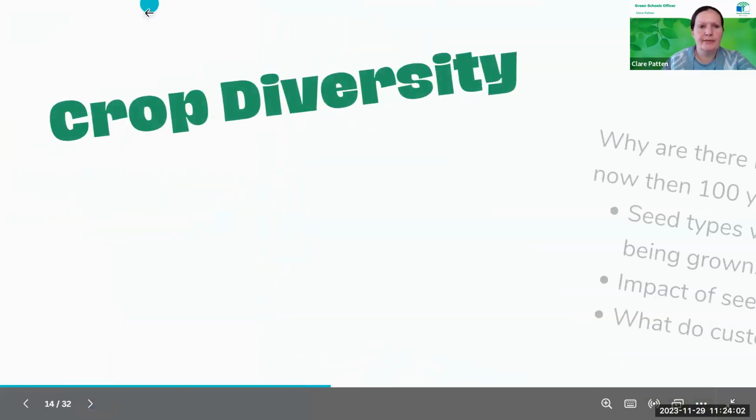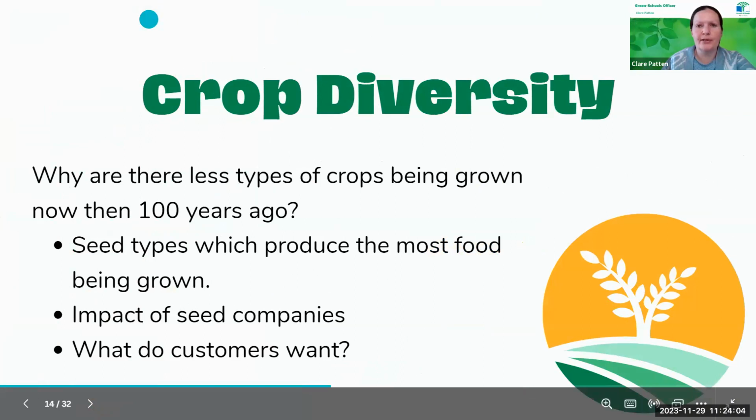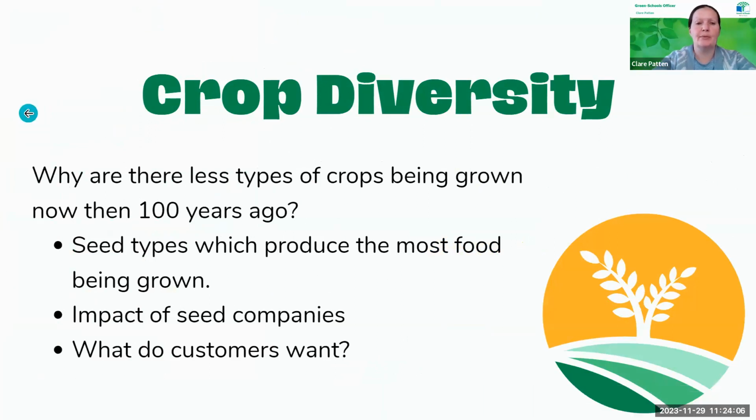So why has this happened? Why are we growing much fewer crops than we did 100 years ago? So the biggest reason is probably that farmers started growing the types of seeds which produce the most food. So if you think about it, that makes a lot of sense.